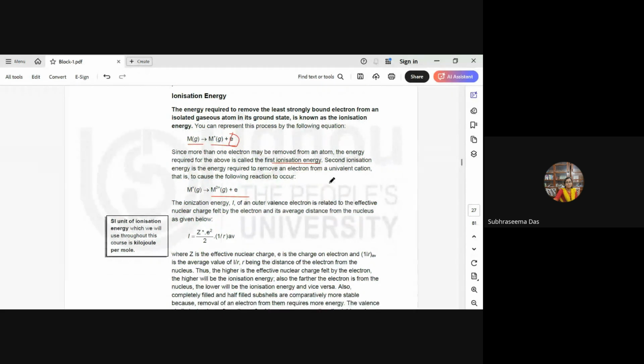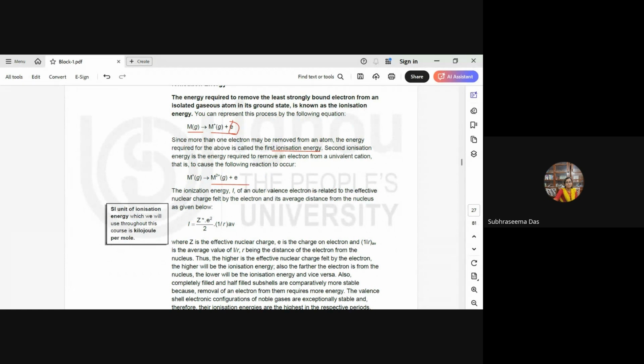The ionization energy of an outer valence electron is related to the effective nuclear charge felt by the electron, and it is given by the formula I = Z* e² / 2 × ⟨1/r⟩, where Z* is the effective nuclear charge, 1/r is related to the distance of the electron from the nucleus, and ⟨1/r⟩ is the average value of 1/r.